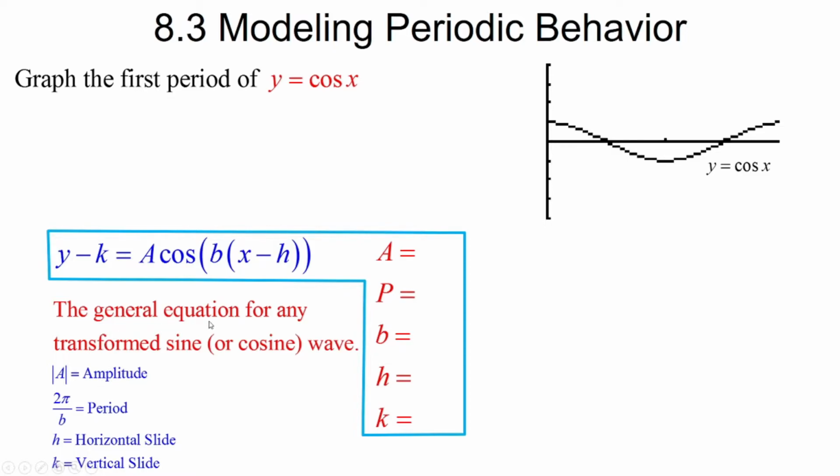The general equation for any transformed sine or cosine wave is, and again, the absolute value of this a will give me my amplitude. This b divides the period, so 2 pi divided by b will equal the period of my function. And this minus h would be a horizontal translation, h units to the right. And this minus k would be a vertical translation, k units up.